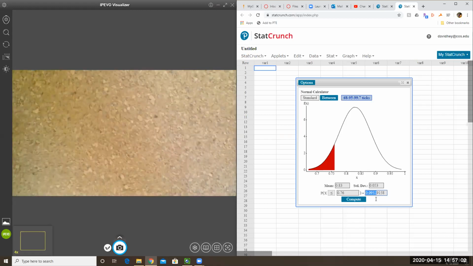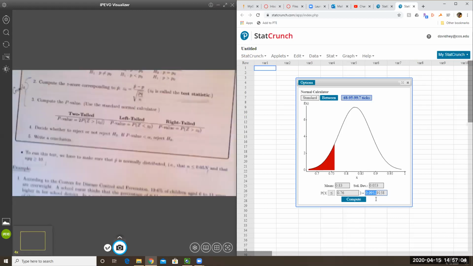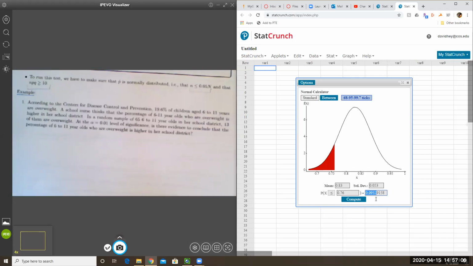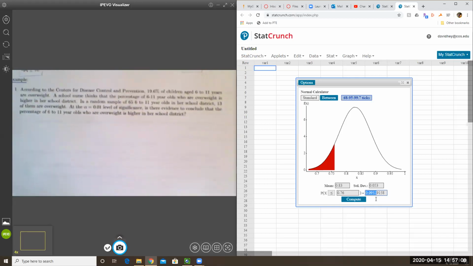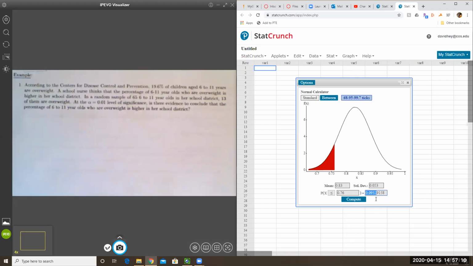And you need to enter the appropriate hypothesis test into StatCrunch. So let's go back to example 1 here at the bottom of page 2, and let's run this example using StatCrunch. It says, according to the Centers for Disease Control and Prevention, 19.6% of children aged 6 to 11 years are overweight.